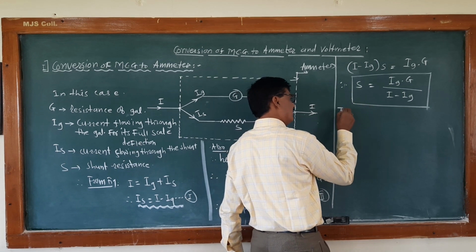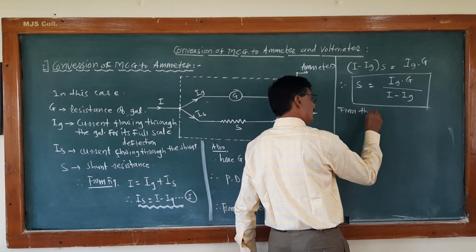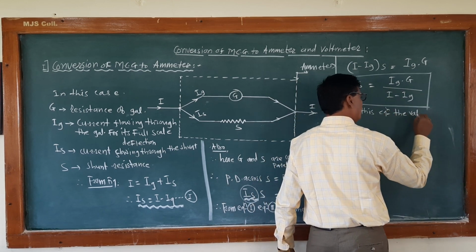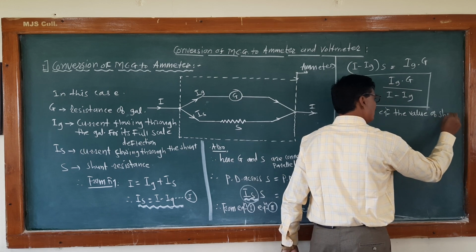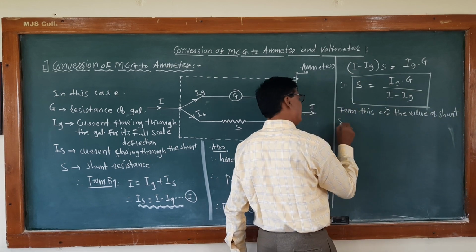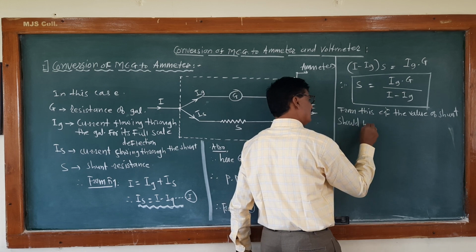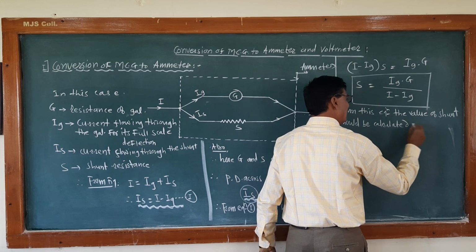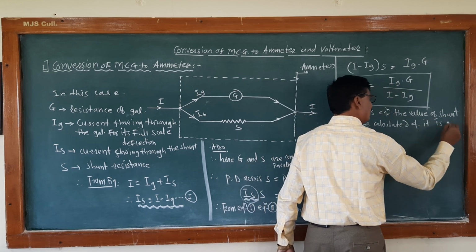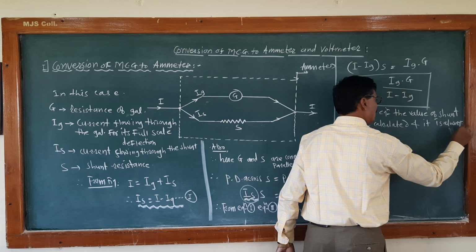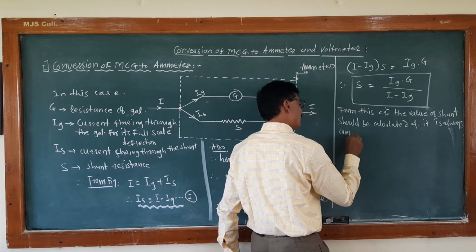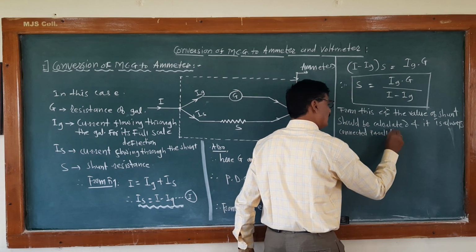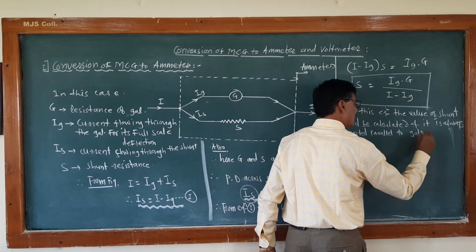From this equation, the value of shunt should be calculated, and it is always connected in parallel to the galvanometer.